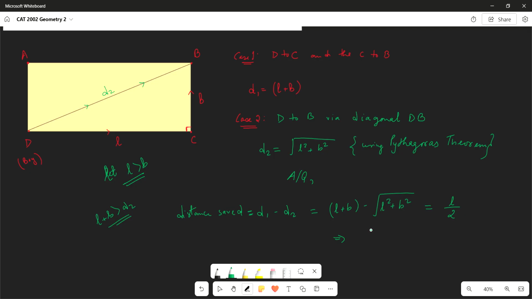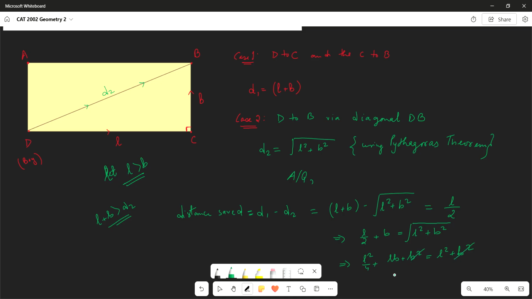So this L by 2 will come to the left hand side, and I will get L by 2 plus B is equal to the square root of L square plus B square. Just squaring both sides, I will get L square by 4 plus LB plus B square is equal to L square plus B square.